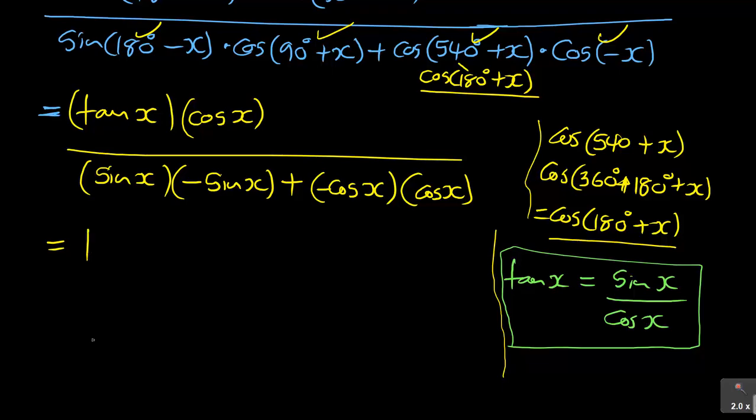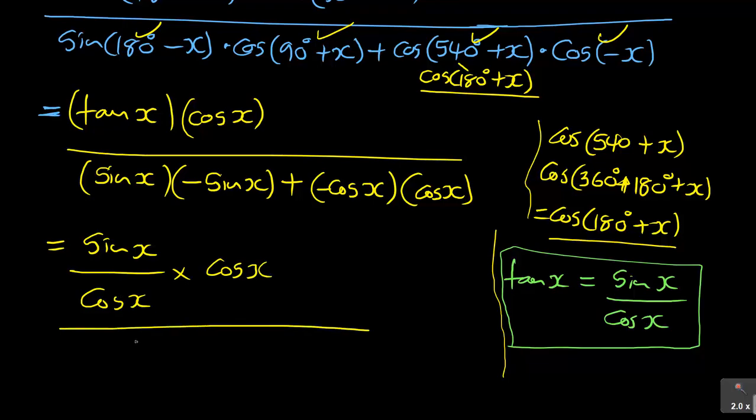So where there is tan, you're going to have sine x over cos x times, remember, we have got cos x. You can see how these are going to cancel on top there. Now sine x and sine x with a negative sign is negative sine squared x, and then negative cos x is negative cos squared x.